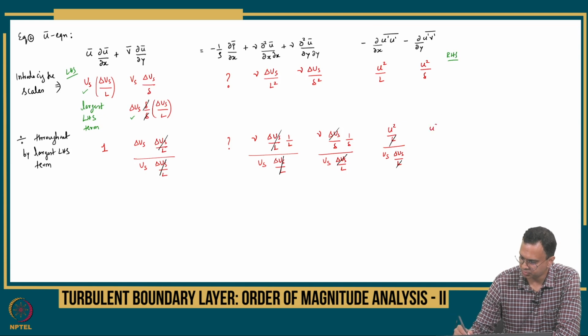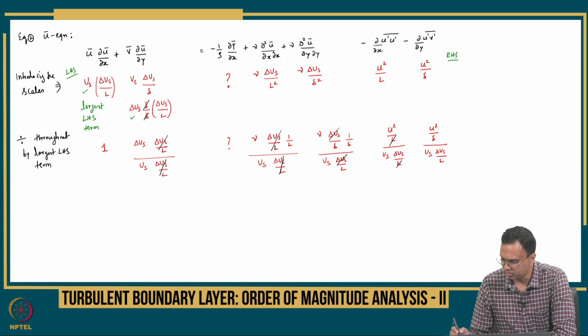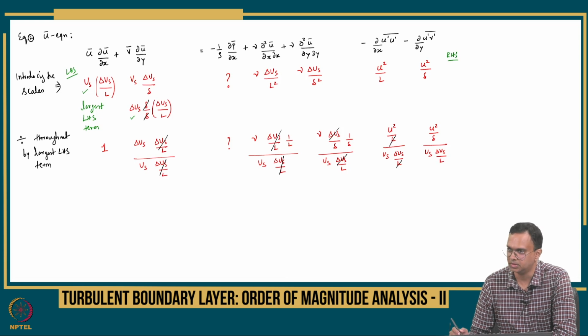I have U square by delta over U_s delta U_s by L. Here no term goes away, every term is retained.